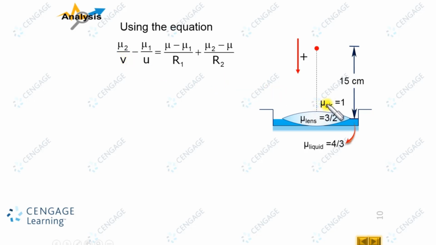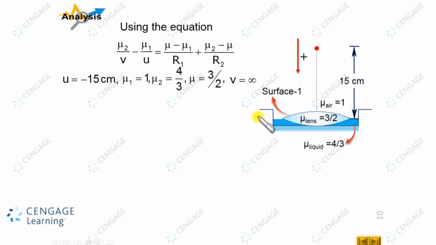And here mu1 is equal to 1, mu equal to 3/2 and mu2 is equal to 4/3, right? So let us substitute these values in this formula. This is surface 1, let us assume the radius of curvature is R, and this surface 2 also has radius of curvature R, right?